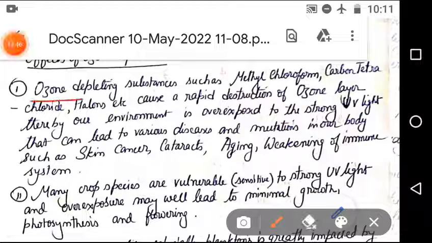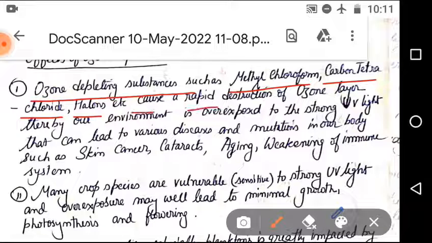So ozone depleting substances like methyl chloroform, carbon tetrachloride, in short CCl4, and halogens cause rapid destruction of the ozone layer, and thereby our environment is overexposed to strong UV light.